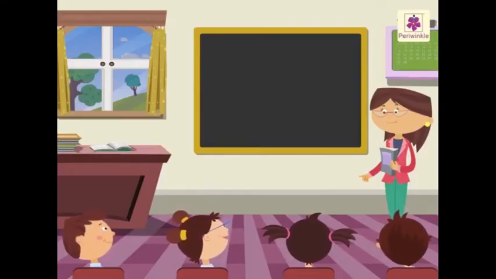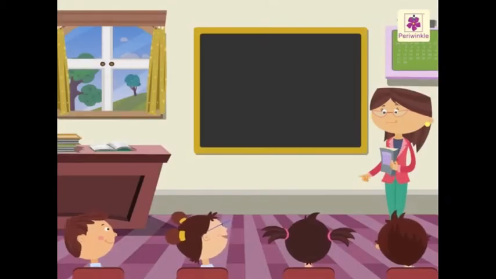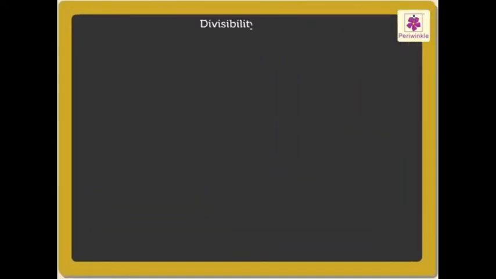Today, let us study the rules of divisibility. These rules will help us determine whether a number is divisible by another number without actually carrying out the division process. Let us have a look at different divisibility tests. Divisibility by 2.